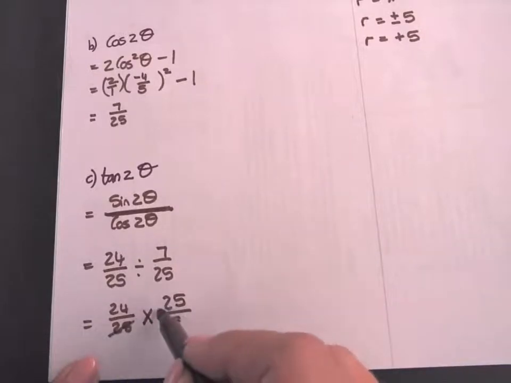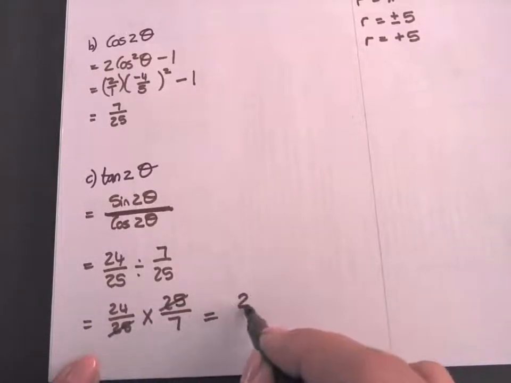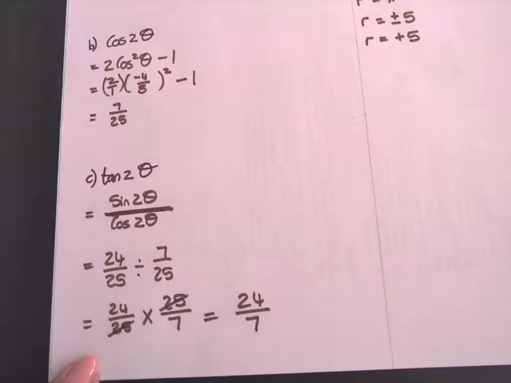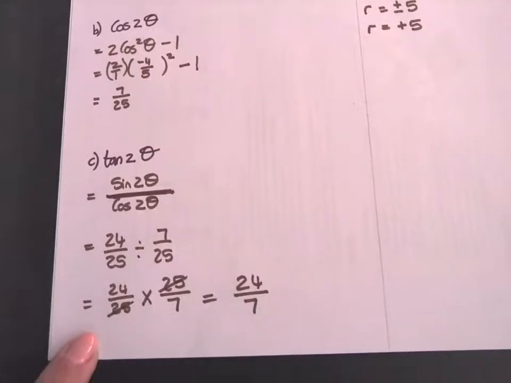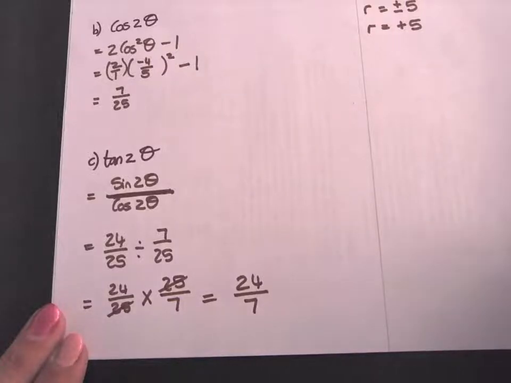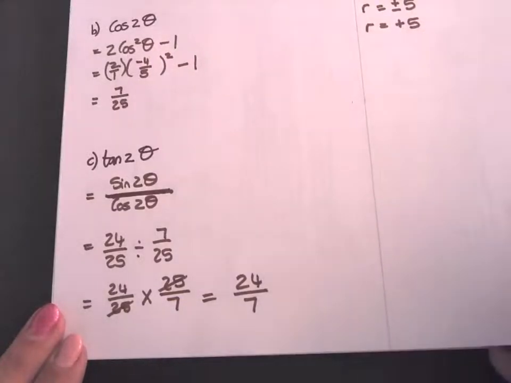The 25's cancel out, and our answer is 24 over 7. Any questions? Can I carry on?